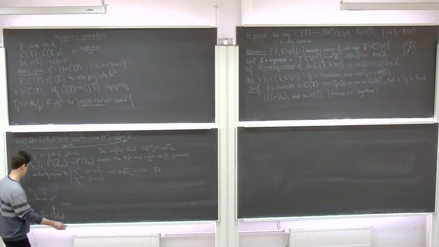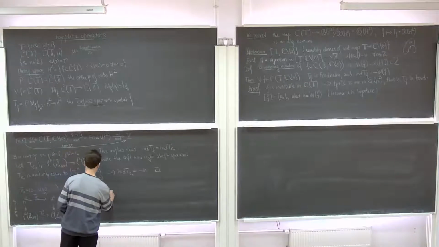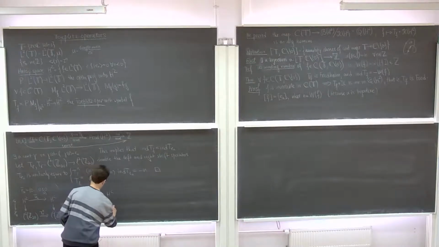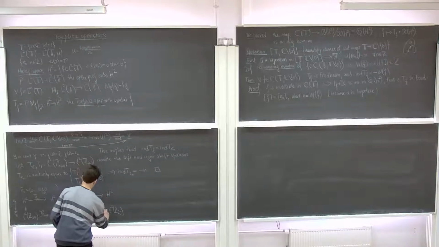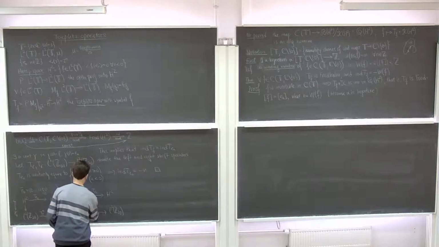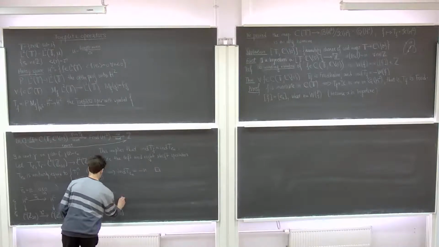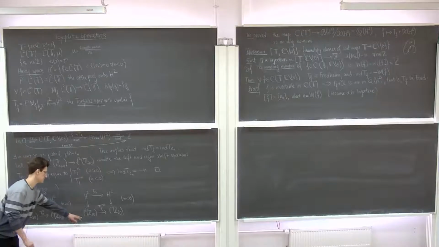And if n is negative, let's draw the respective picture once again. If n is negative, then I claim that this diagram commutes.